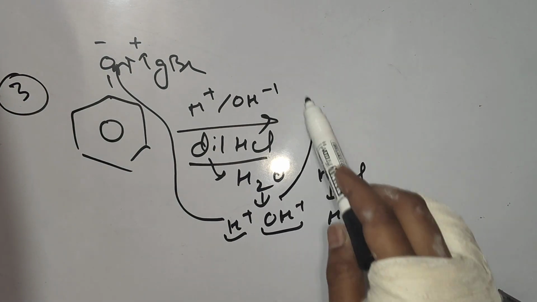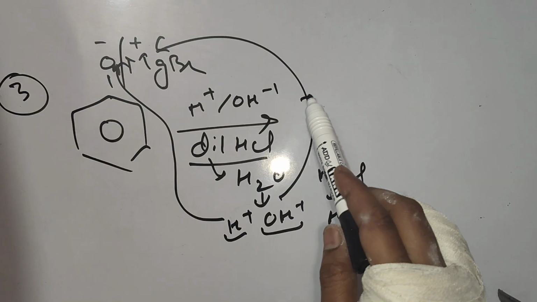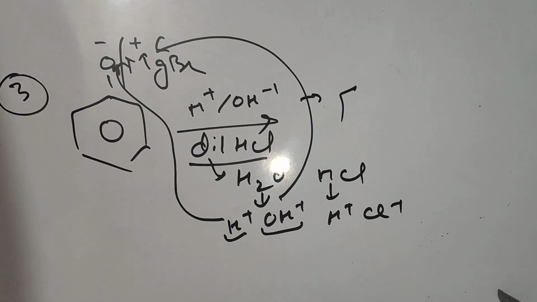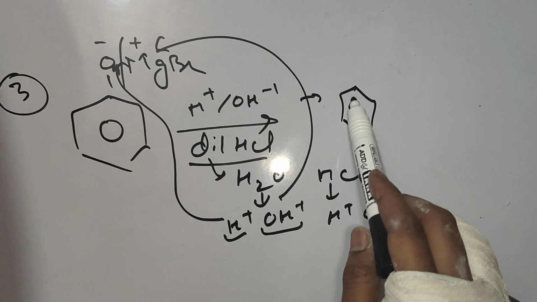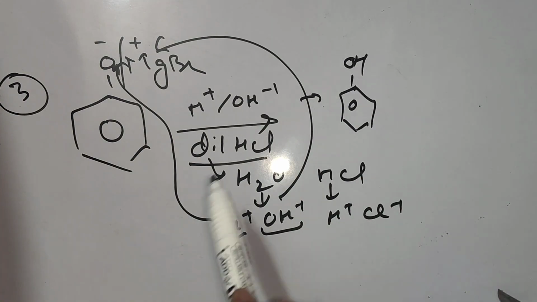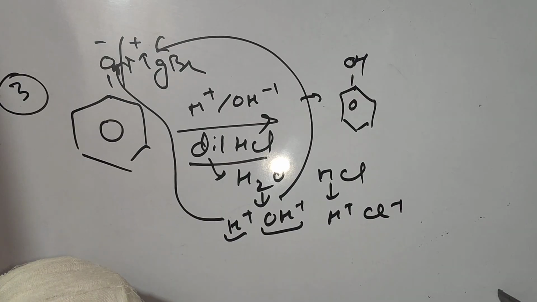And this OH negative is going to attack Mg. Between them the ionic bond will break, and finally we will get phenol, and this Mg(Br)OH. That's it. This is the mechanism for preparation of phenol from phenyl magnesium bromide and its aerial oxidation.